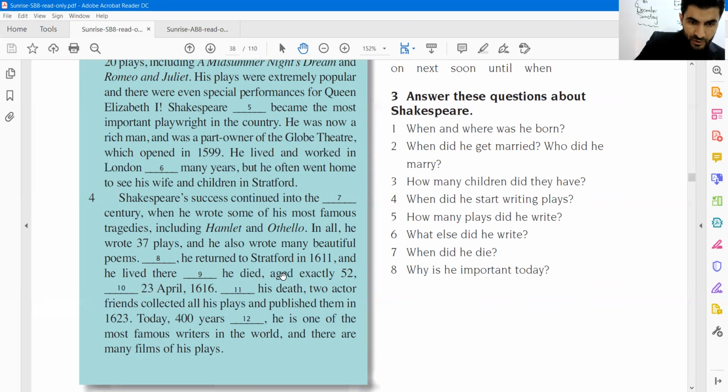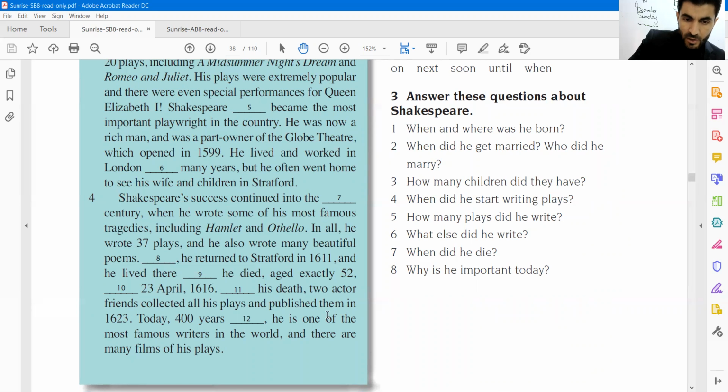Thus, he returned to Stratford in 1611, and he lived there, and he died aged nearly 52 years, on 23 April 1616.